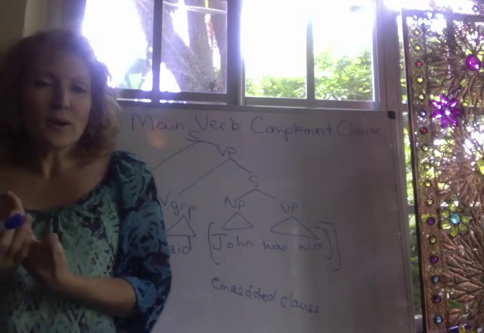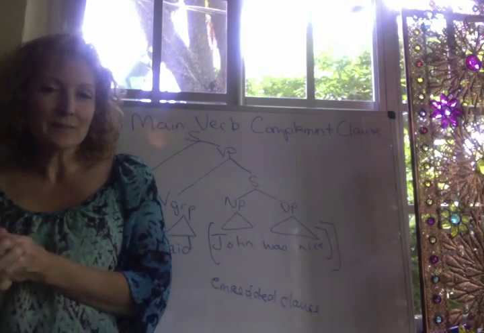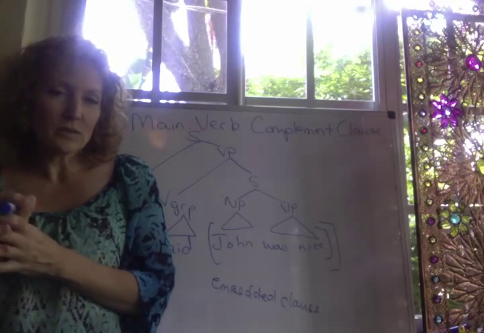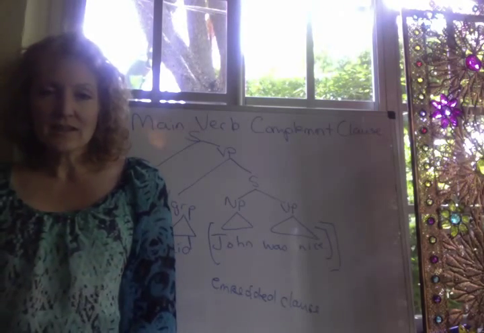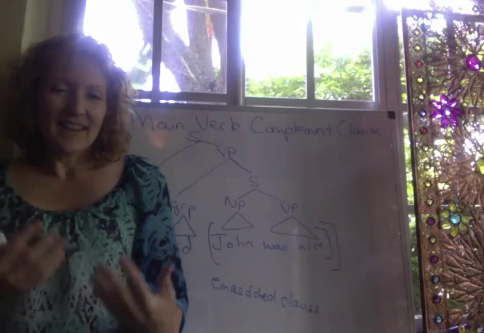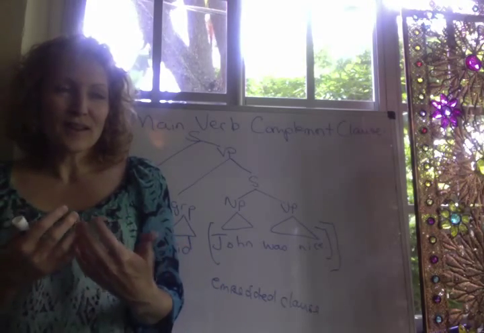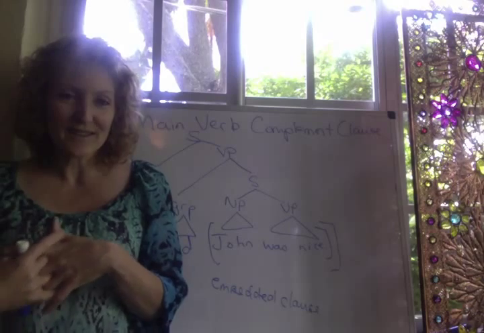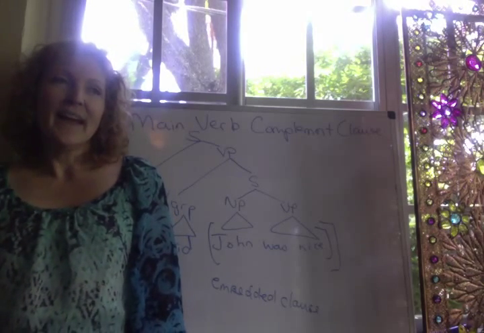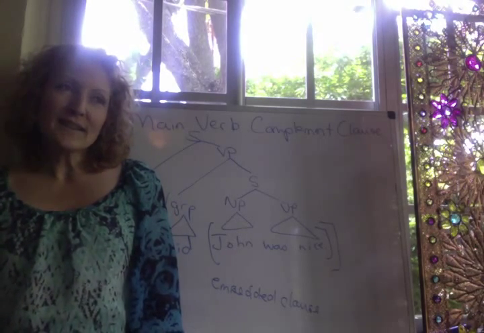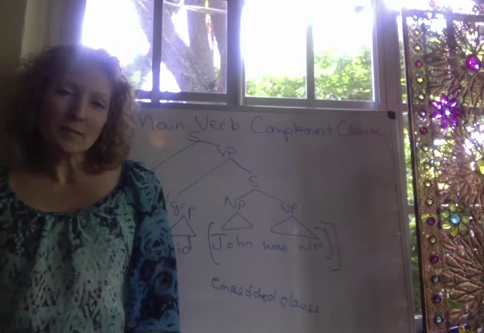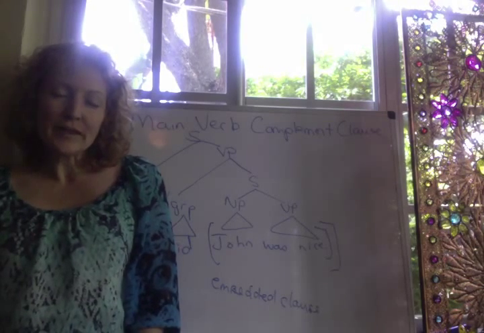And if you think about what is the difference in meaning between Mary said John was nice and Mary said that John was nice, it's pretty hard to come up with a description of how these two sentences are different from each other. And in fact, we think that they basically are expressing the same thing. Semantically, they're identical.